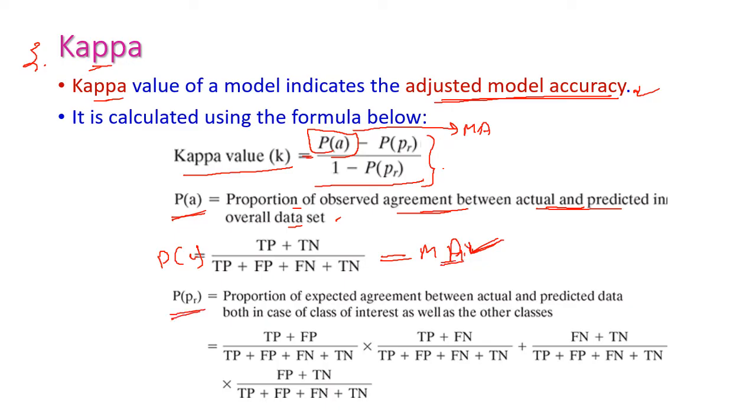And the next one is P of PR. P of PR is nothing but the proportion of expected agreement between actual and predicted data. This is important: what expectation from the given model. This is the formula for P of PR. Now let us substitute the variables with the values.